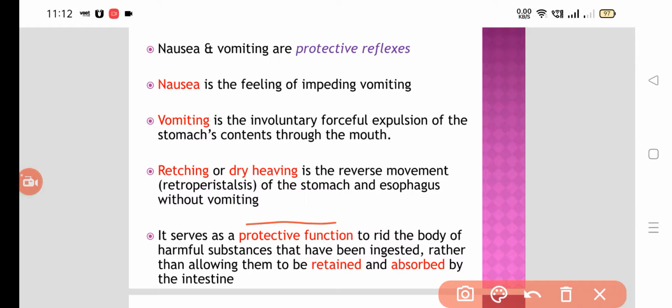If they are retained in the stomach, they will get absorbed by the intestine. So it is better to expel them through the mouth, and that is called vomiting.